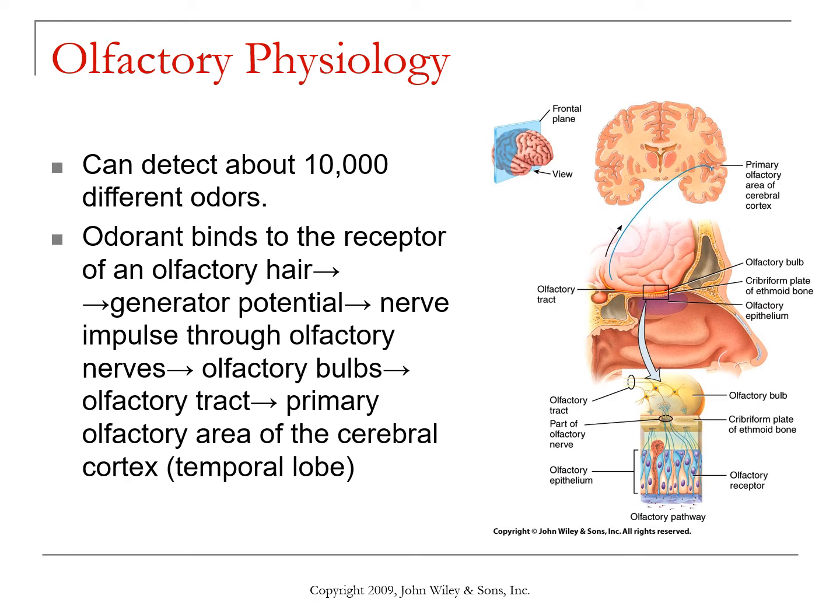They synapse with the axons within the olfactory bulbs, and those axons are now part of the olfactory tract that takes the signals into the brain and projects to various parts of the brain, including the primary olfactory area of the cerebral cortex, believed to be located in the temporal lobe.